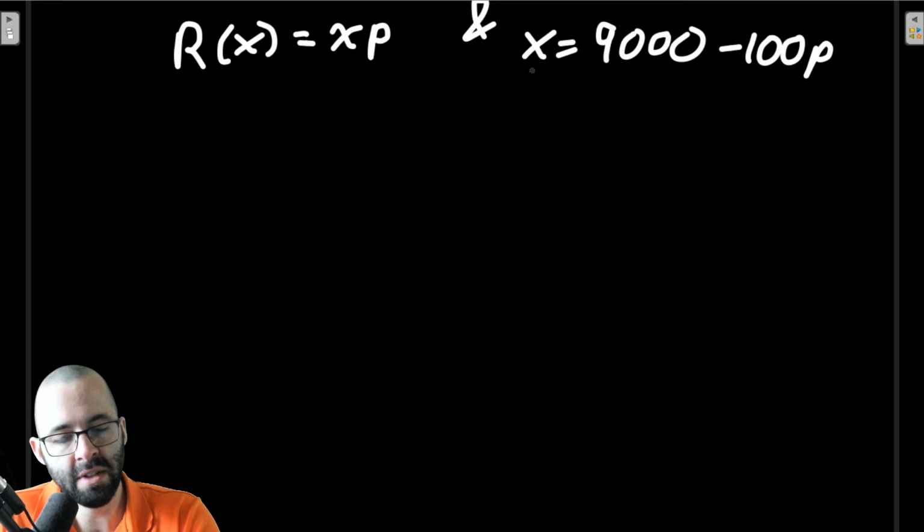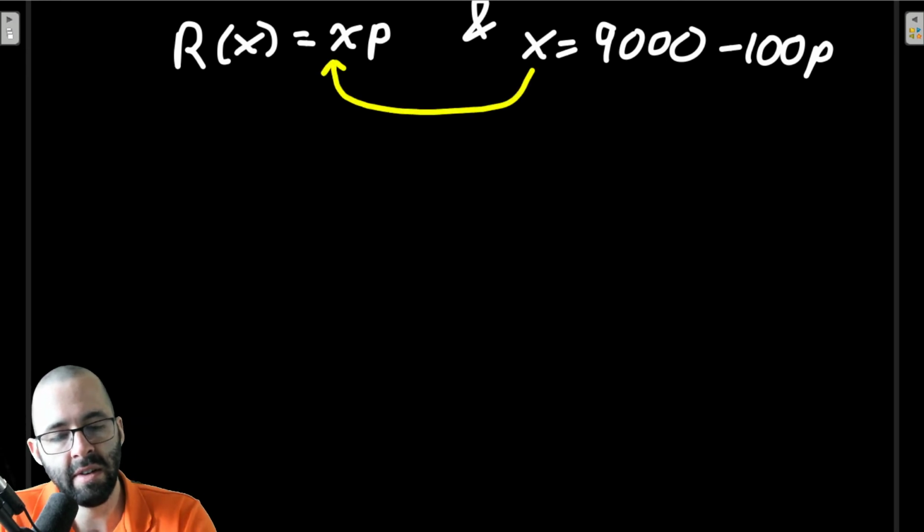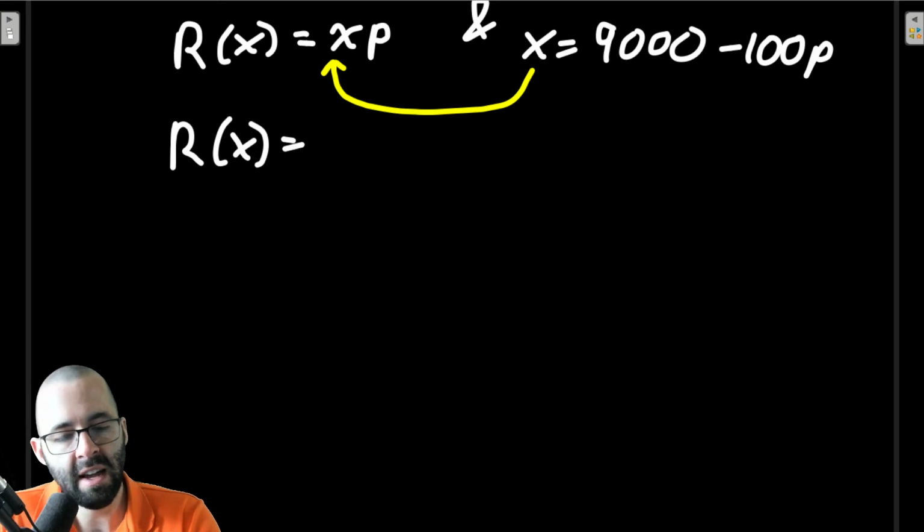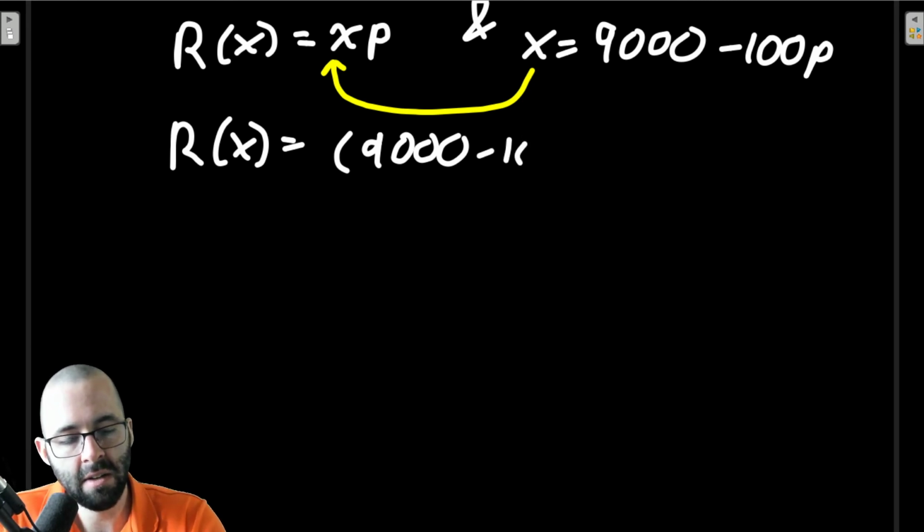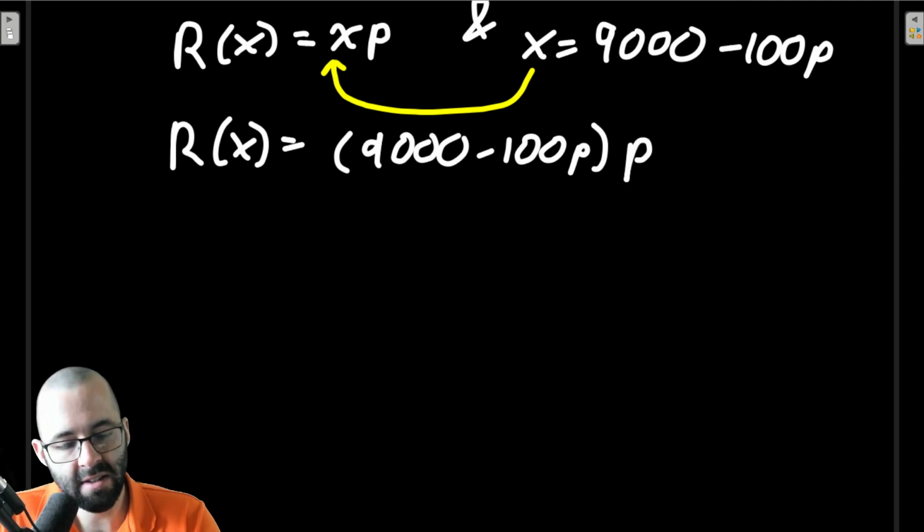What we're going to do is substitute x is equal to that. So our revenue function is 9,000 minus 100p times our price. And this is now a function of p.